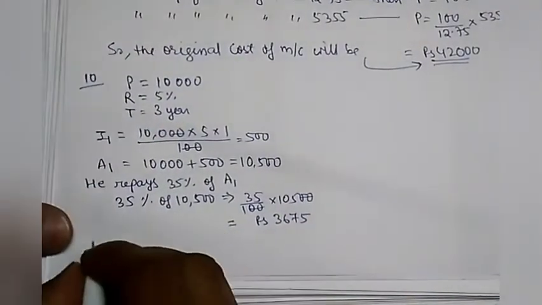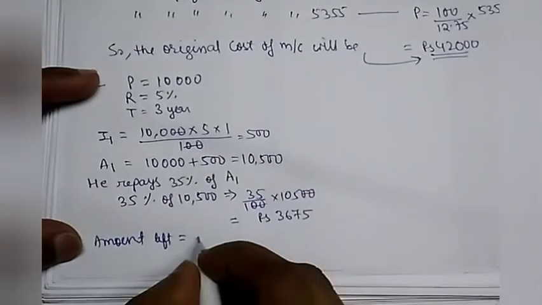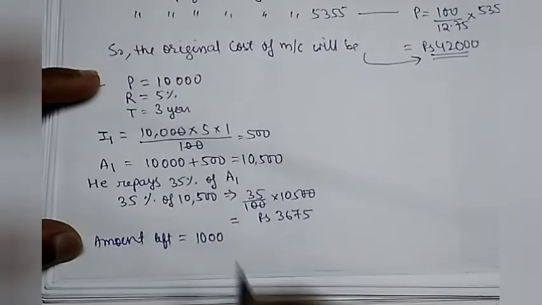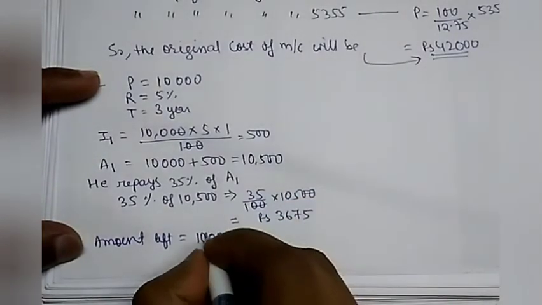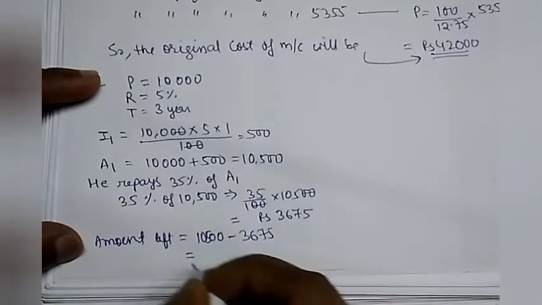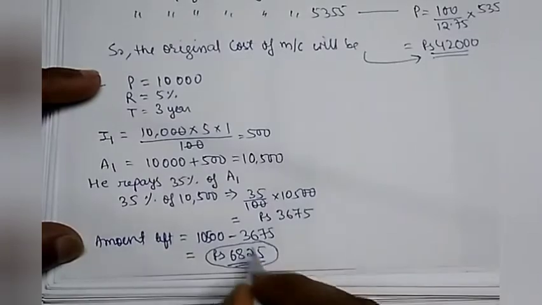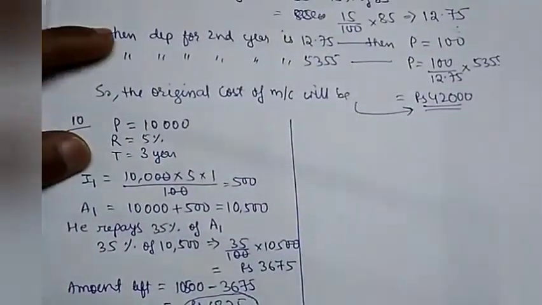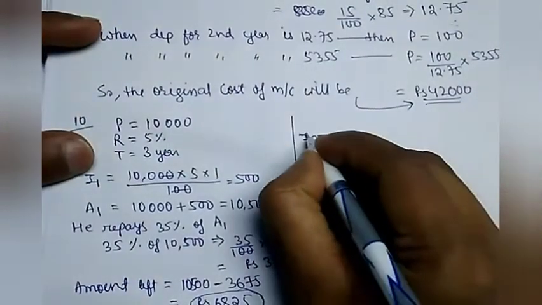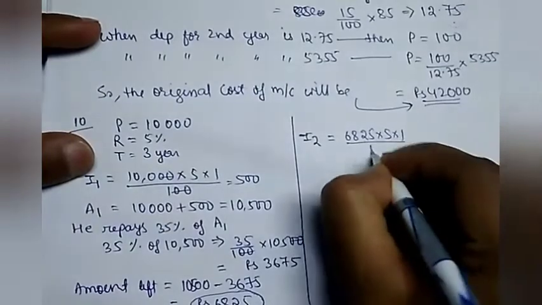So the amount left is equal to 10,500 minus 3675, that is rupees 6825. This will become the new principal for the second year. So I2 is equal to 6825 into 5 into 1 by 100.